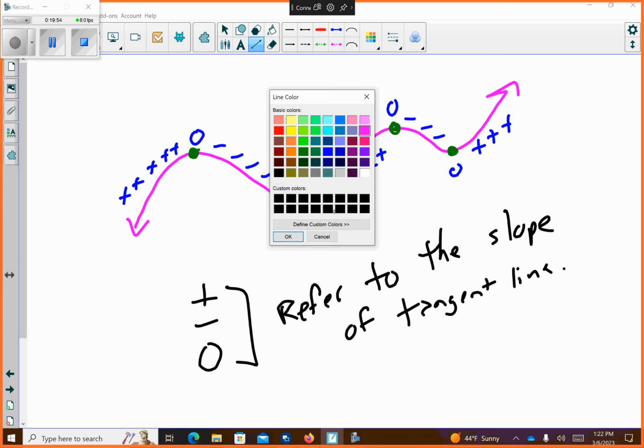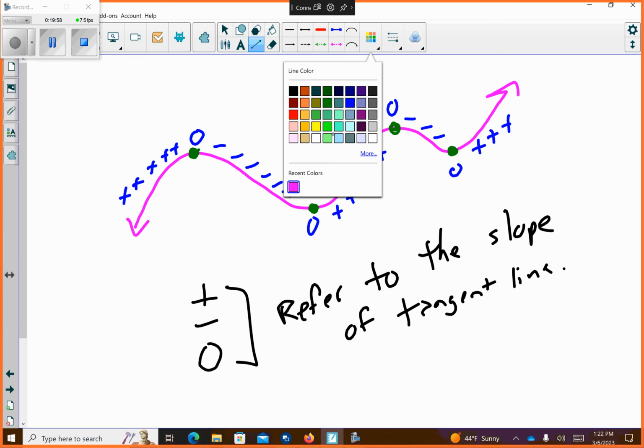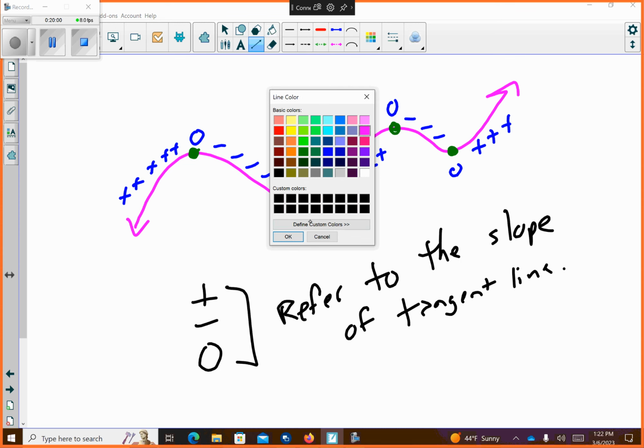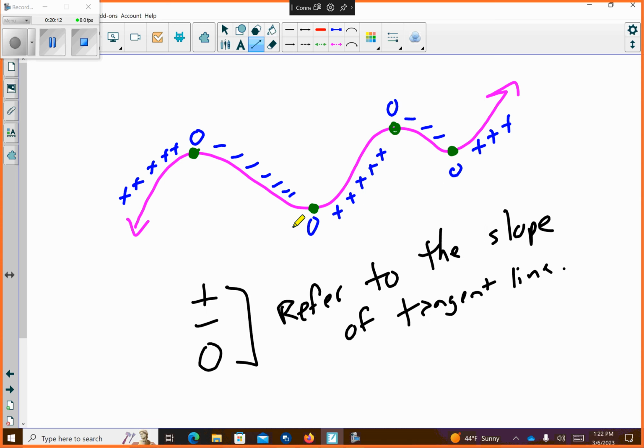Let's pick a color that people will say, don't ever do that again. How about the color of yuck? Let's change that color.